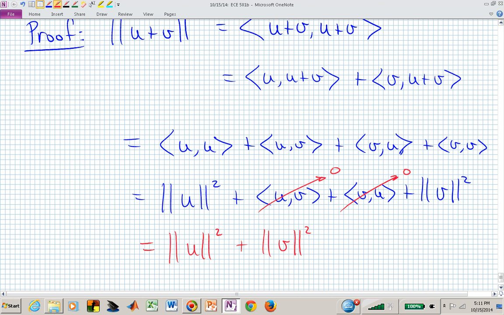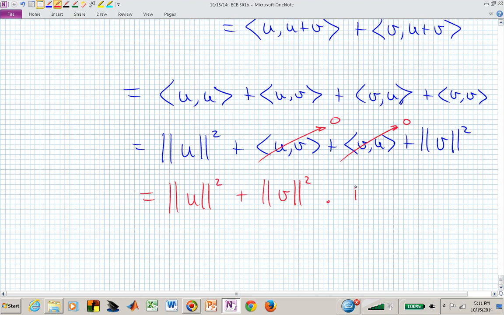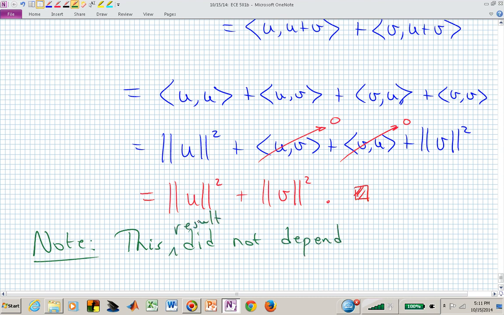And orthogonality is going to depend on how we've defined our inner product. And that's one of the key ideas to draw from this theorem. Note, this result did not depend on the particular inner product that we were using.